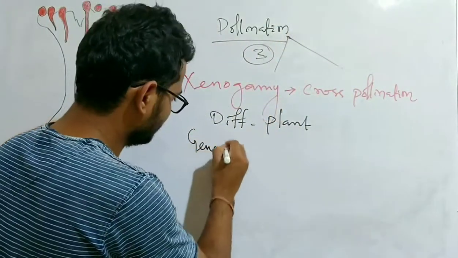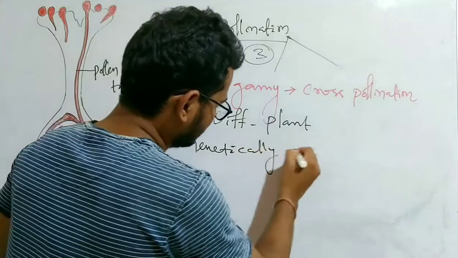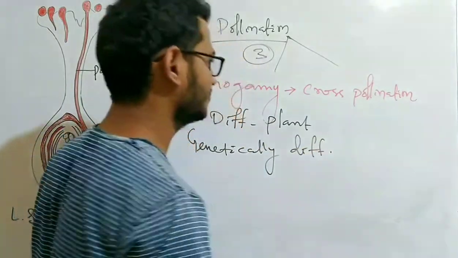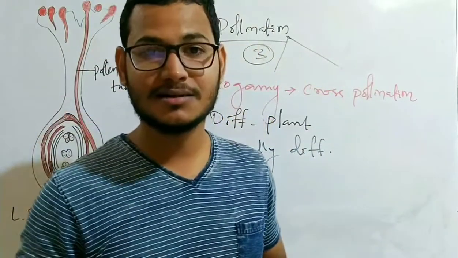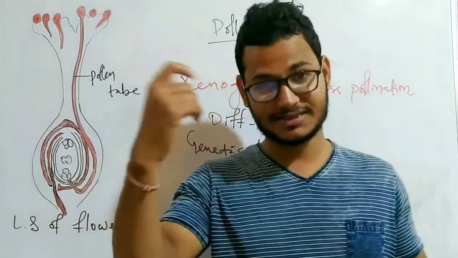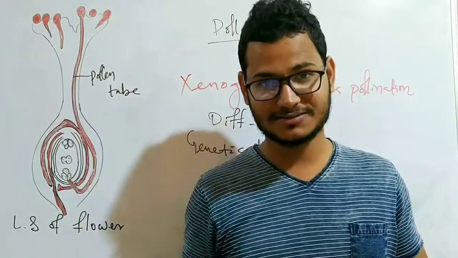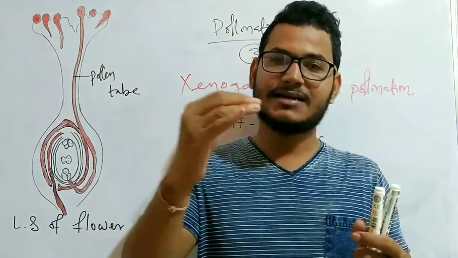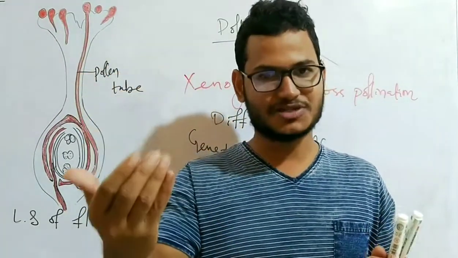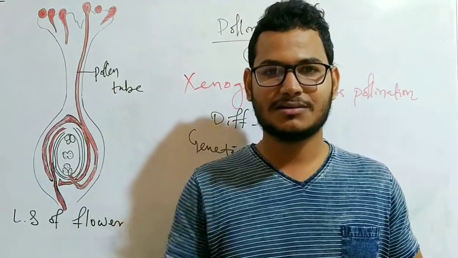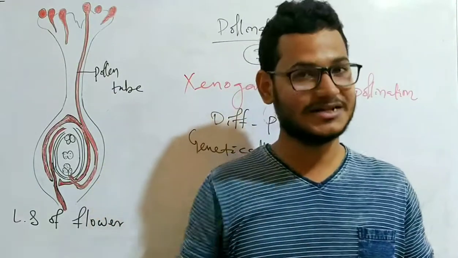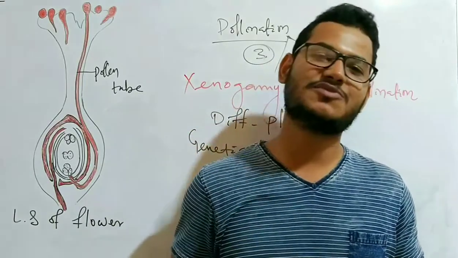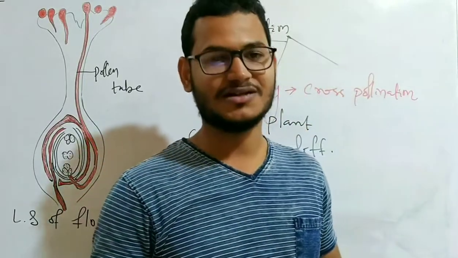Genetically different pollen grains can travel to a genetically different female plant. So here a new variety is possible due to recombination. Clear? As the plants are different, recombination is possible in cross pollination.